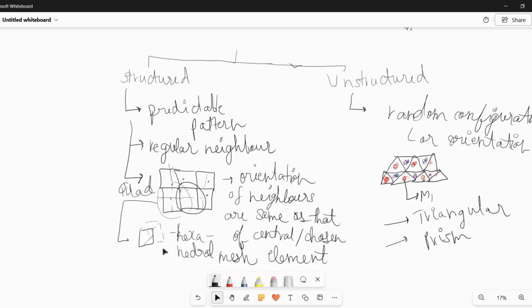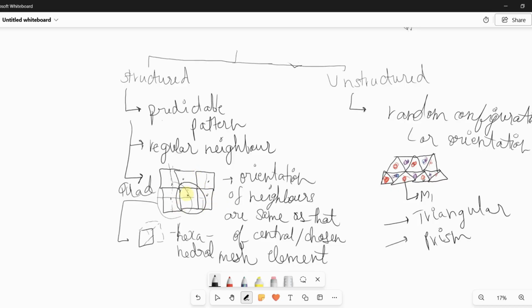Just to give a gist again, structured meshes are those where the orientation of the neighboring elements is the same as that of the mesh element you have chosen. It's the same configuration. This is a square, this is a square, this is a square.